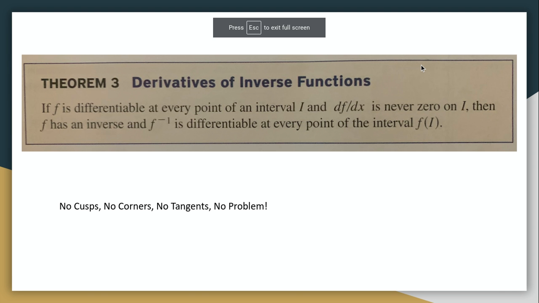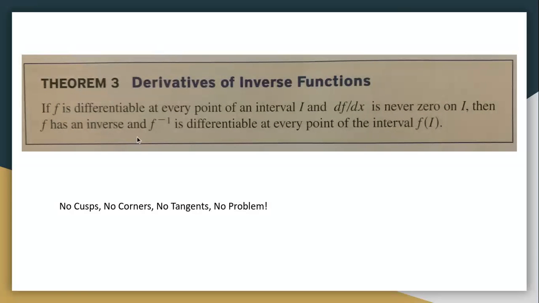And it's what we kind of elucidated before. If f is differentiable at every point on an interval, meaning you can find its derivative, and it's never 0, then we know we can find the derivative of the inverse function by taking 1 over that derivative. So as long as it's never 0, and as long as the original function has a derivative at every point, we can find the derivative of our inverse at every single point as well.